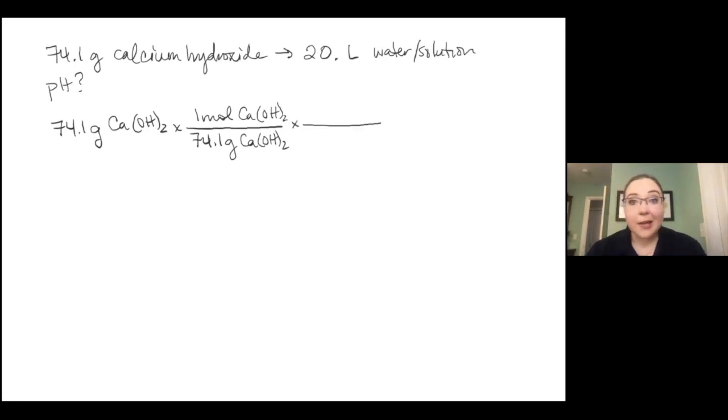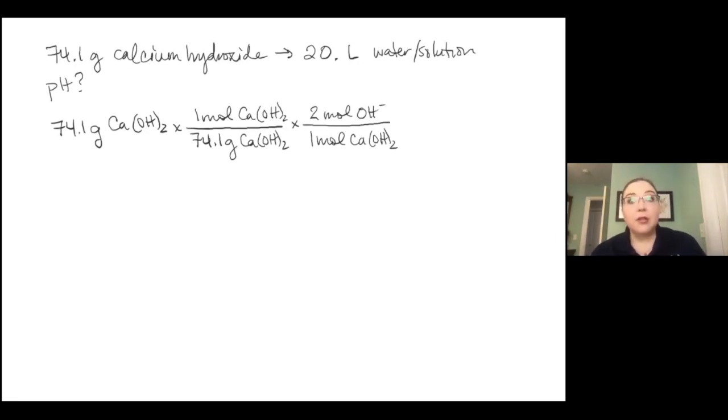And this is a thing to pay attention to. Some of our strong bases, like NaOH, LiOH, KOH, just have 1 hydroxide per mole, but some of them, like calcium hydroxide, have 2. So we're going to have to take our 1 mole of calcium hydroxide and turn it into 2 moles of OH minus. That's just what happens when you put it in water.